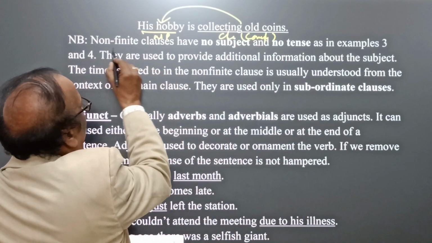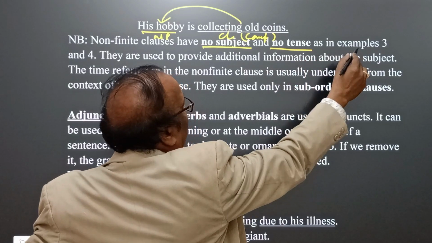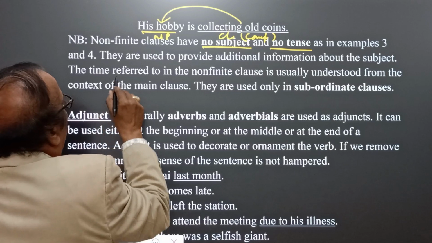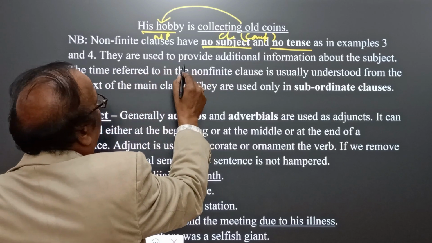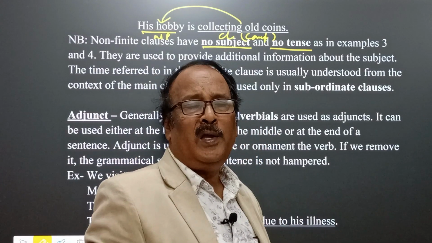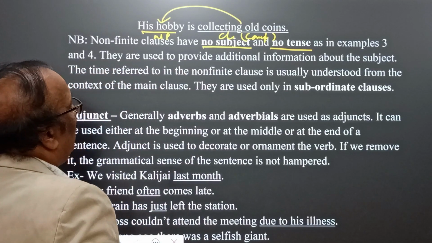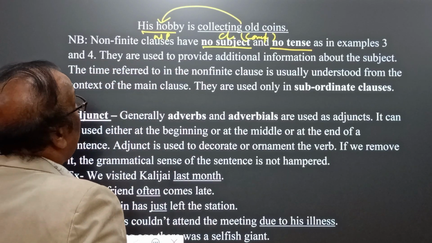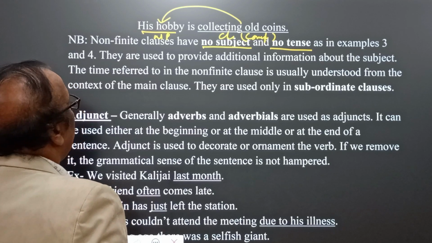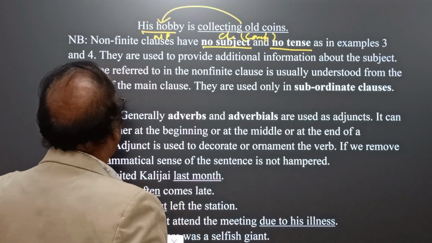And here, non-finite clauses have no subject, no tense, as in examples 3 and 4. It means whenever a to-infinitive and an -ing clause are used, they express no subject, no tense. As we have discussed in examples 3 and 4, they are used to provide additional information about the subject.